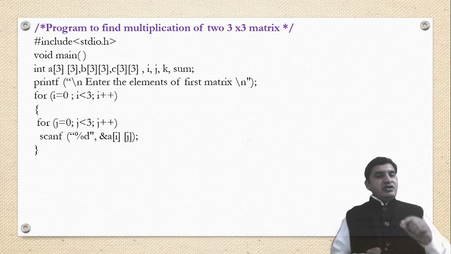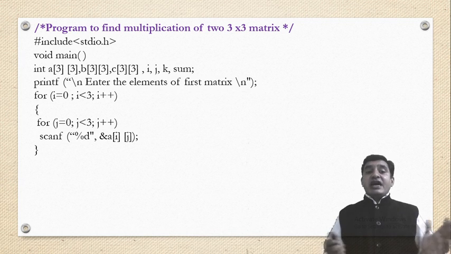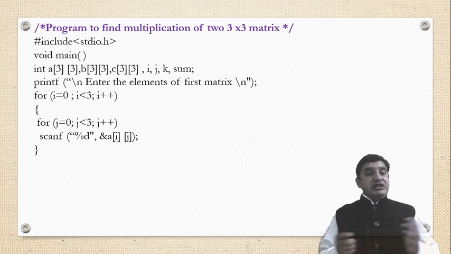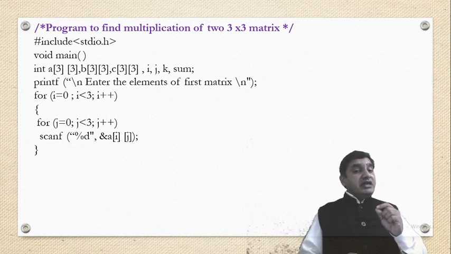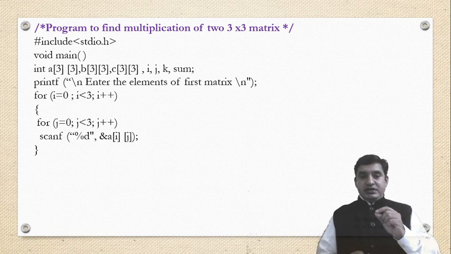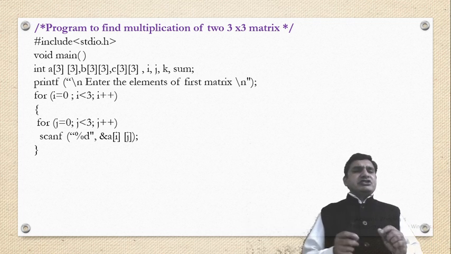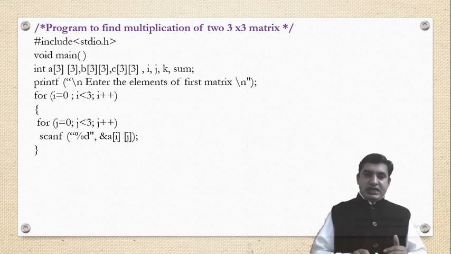So scanf %d. Why do we use %d? Because i and j are both integers. Then a[i], this is the first array, second [j]. Actually this is a two-dimensional array.